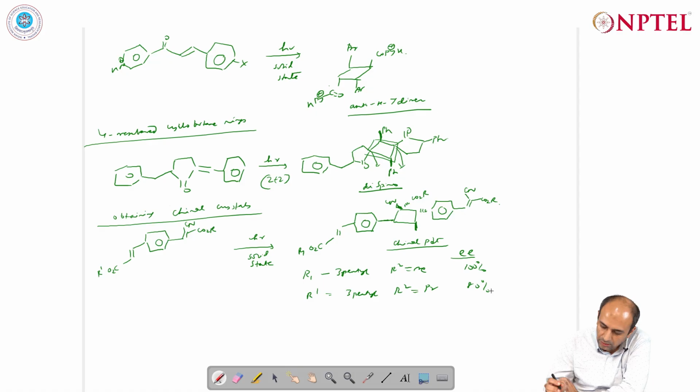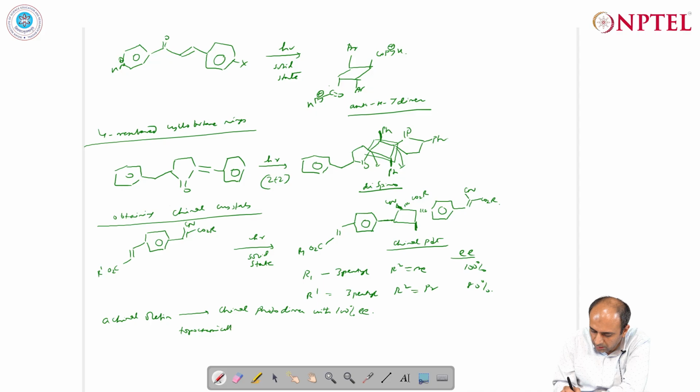So now you can see in this case we have an achiral olefin giving rise to a chiral photodimer with 100% ee, and this is achieved by topochemically controlled dimerization.